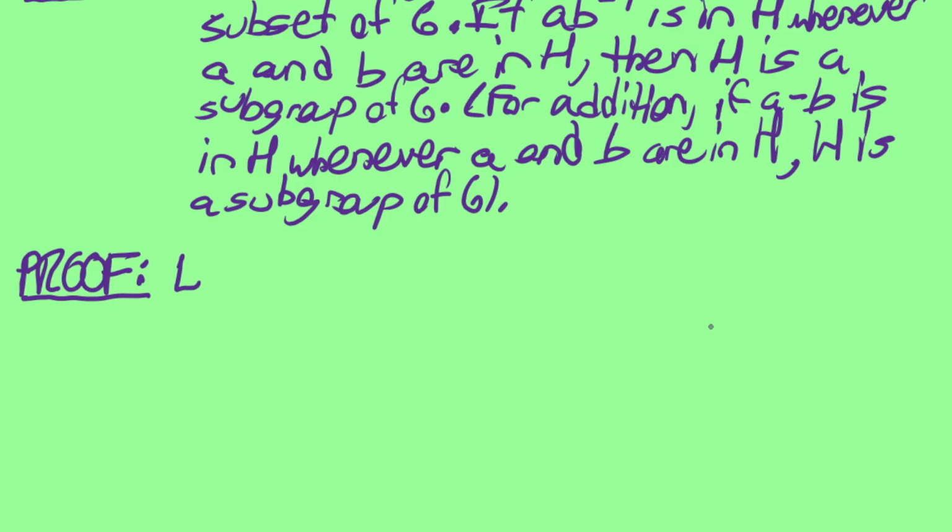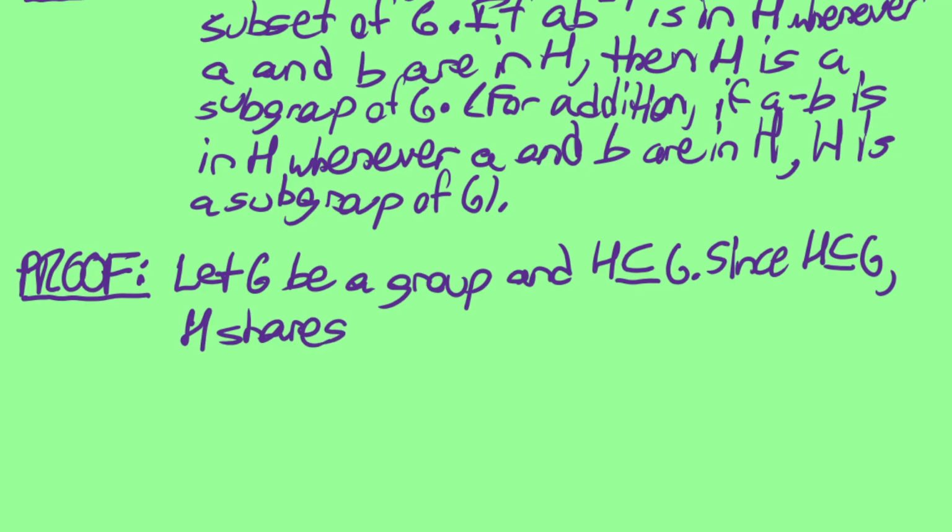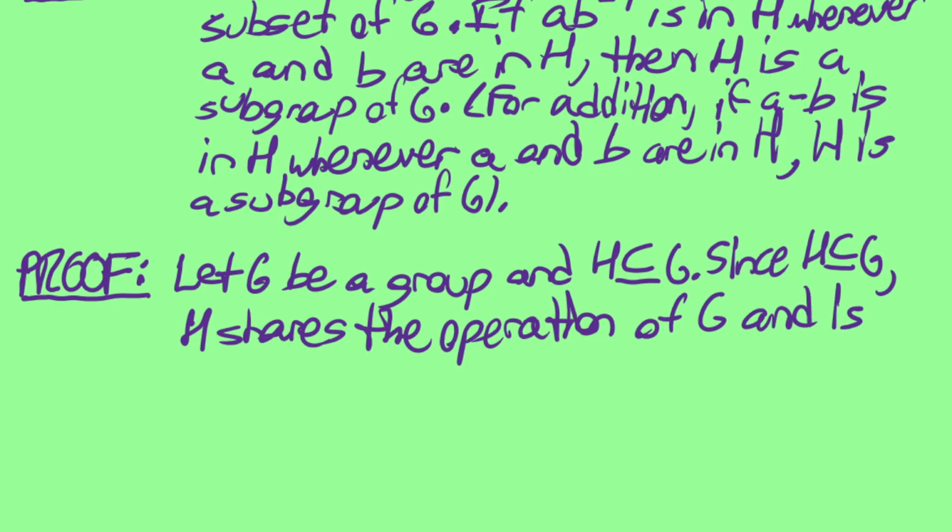So we're going to let G be a group and H be a subset of G. So since H is a subset of G, H shares the operation of G and is associative.